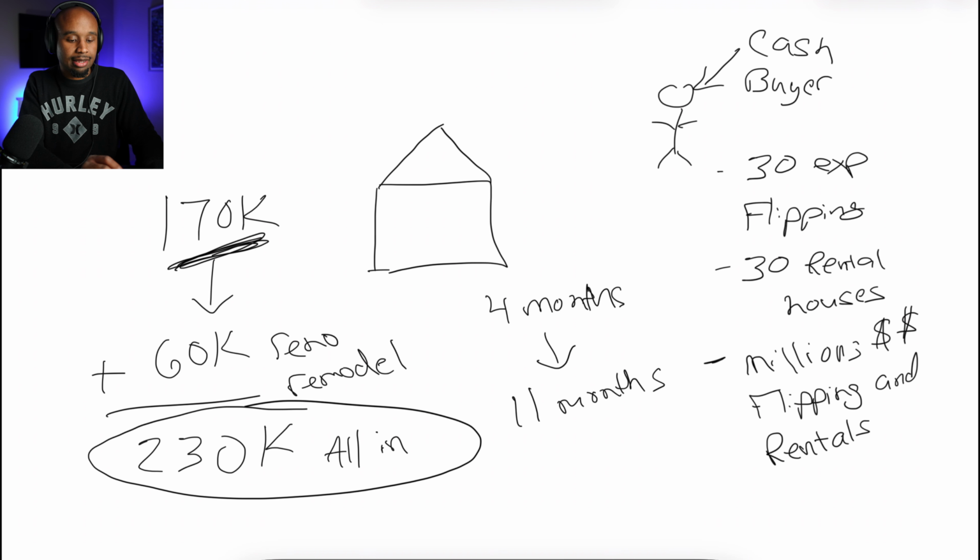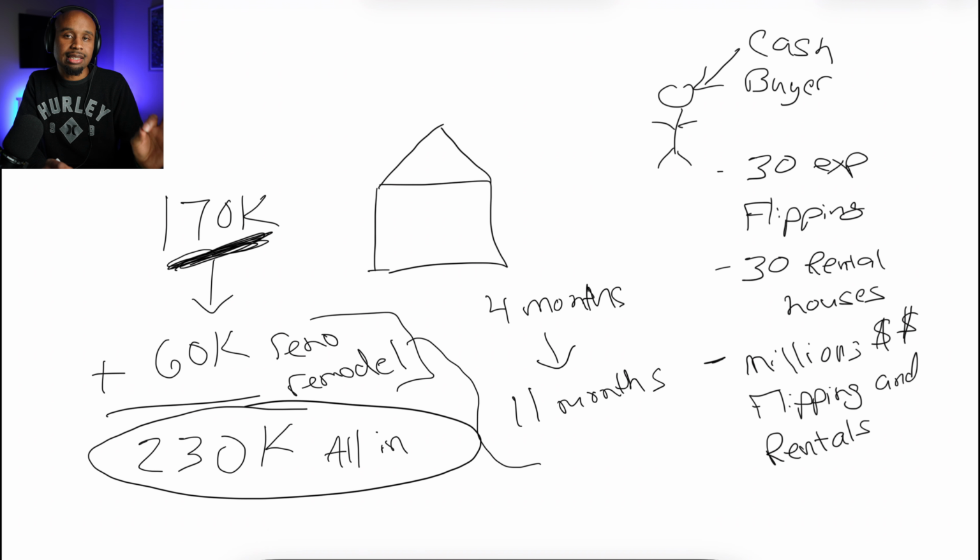He said he wanted to do a light flip to the property because he bought the property for 170. It was in C condition. It was livable. It wasn't updated. It didn't have a new floor in it.